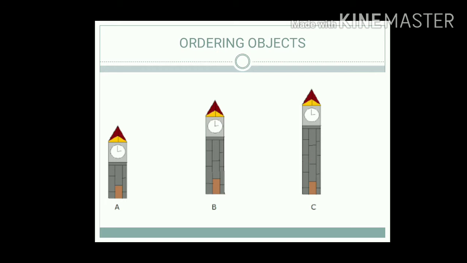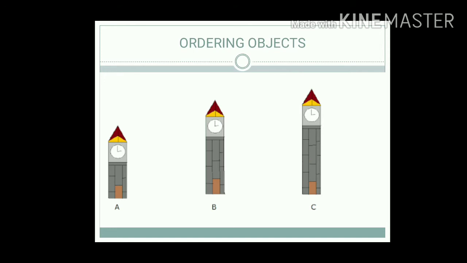So this is how we order. Picture A is the shortest of all three, and picture C is the tallest of all three. Right, children? You're able to understand, I hope.